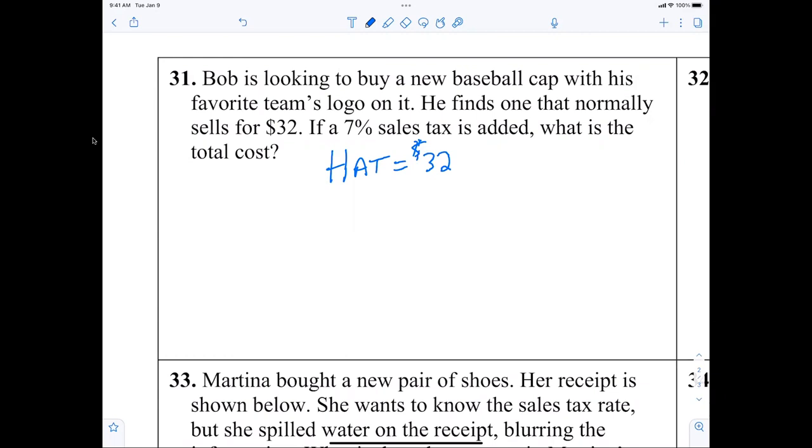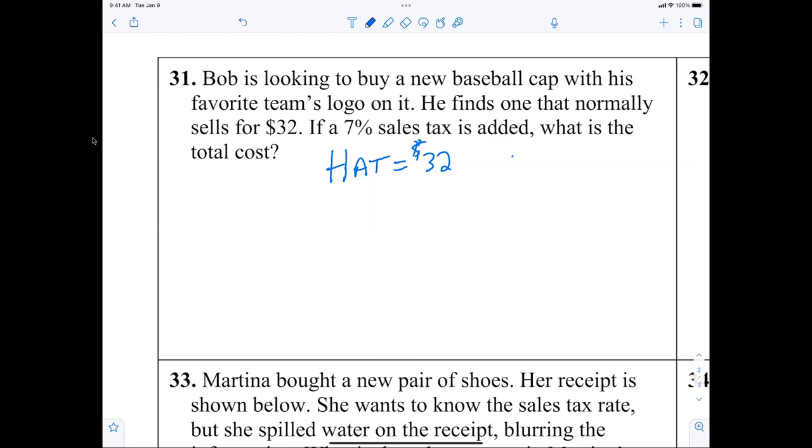So the question is, when you go buy something, does everybody understand that you have to pay tax, right? So how do you calculate the tax on $32 if it's 7%? Can you tell me? Times 5.7. Ooh, that's close. 0.07. Yeah, you multiply by 0.07.